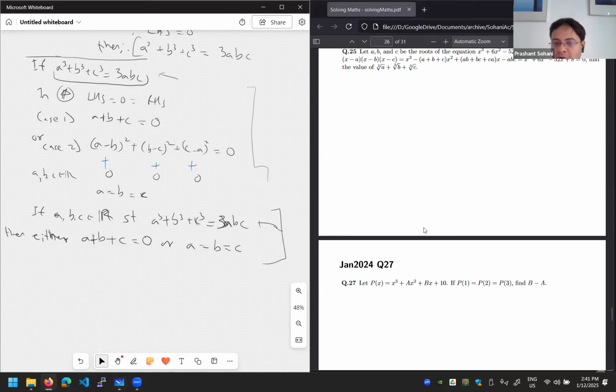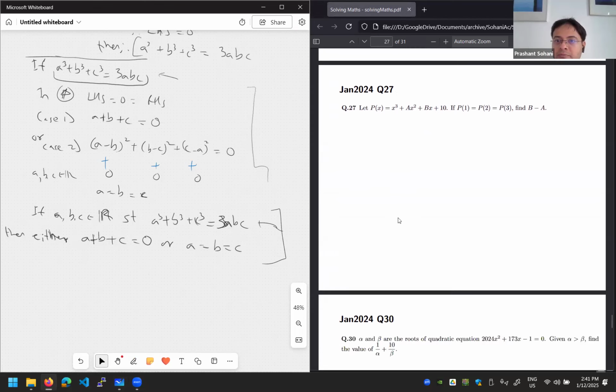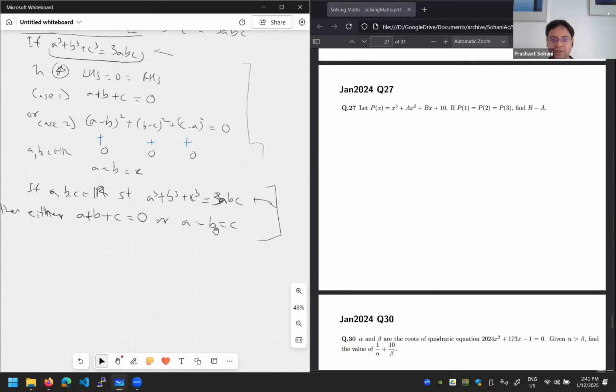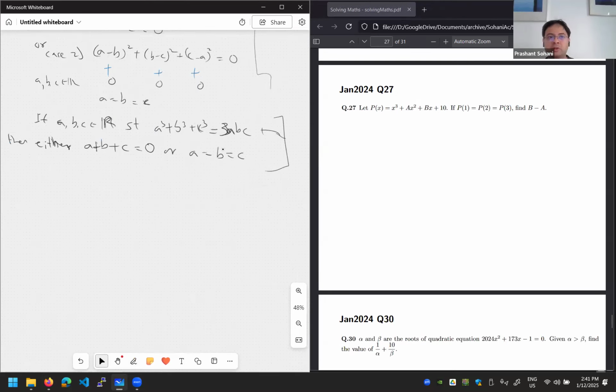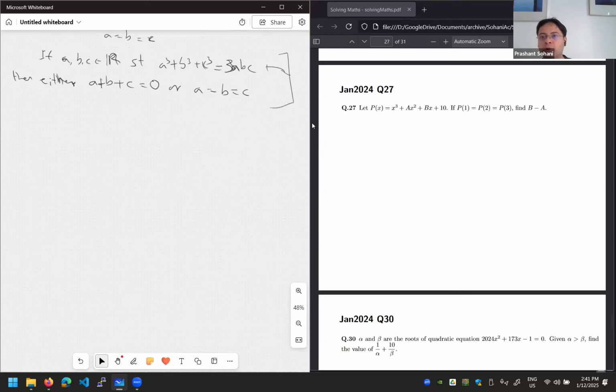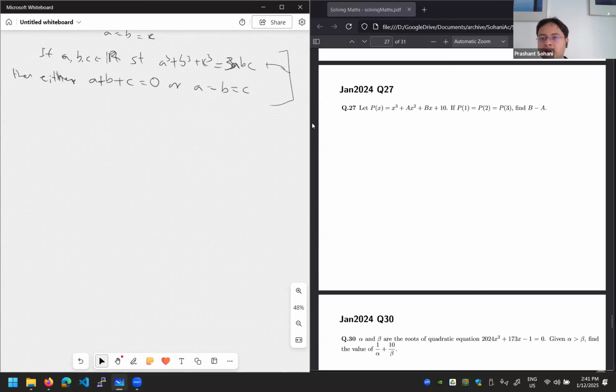Okay, so let me go to the next question, question 27. I think this is again one of the simplest questions because all there is to be done is just substitute the values of 1, 2, 3, and you will get some equation.